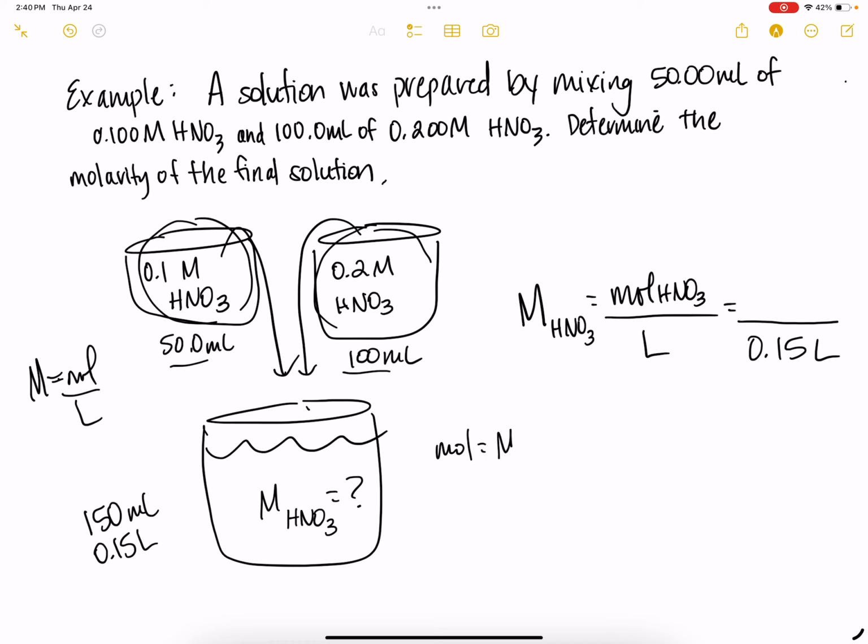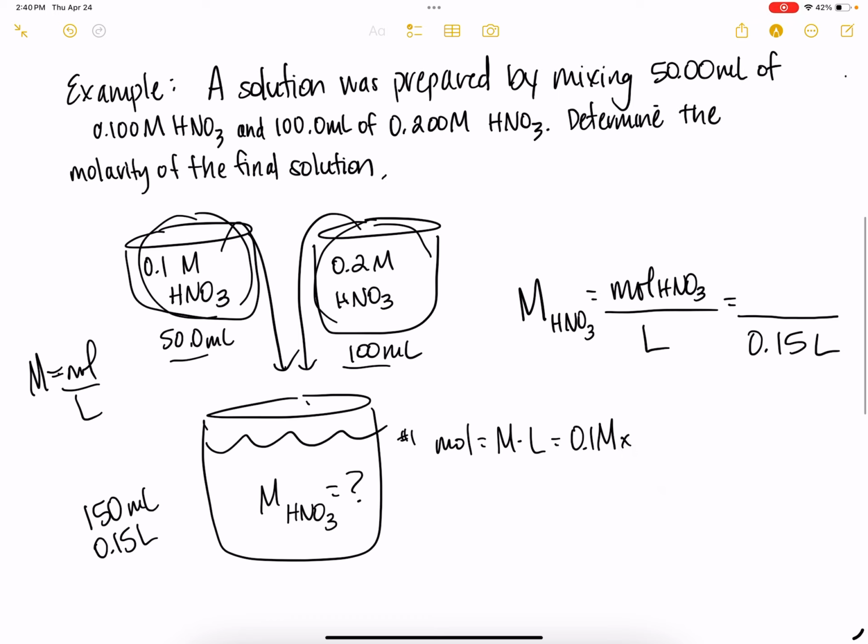So I can calculate moles by taking molarity times liters. This is in container number 1. In my first container, my molarity was 0.1. My milliliters were 50, so 0.05 liters. And that gives me a mole value of 0.005 moles just from my first container.